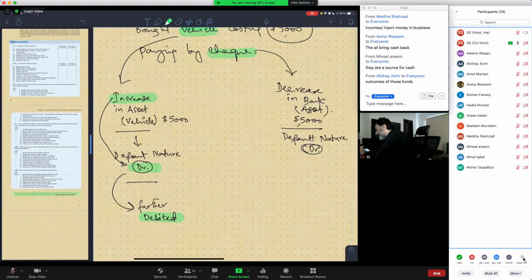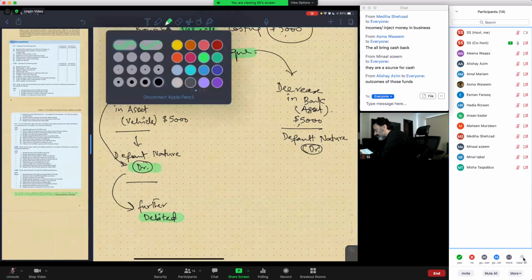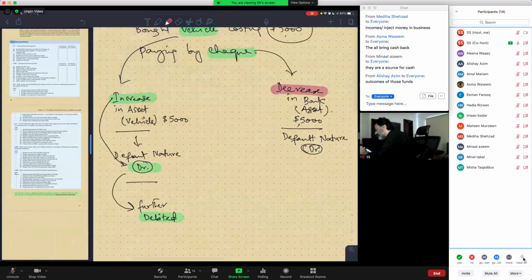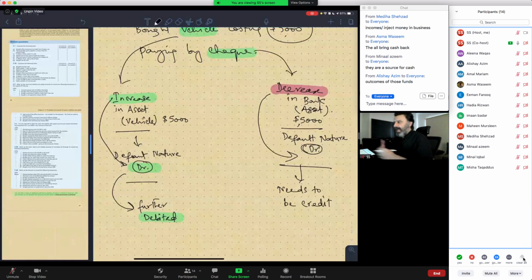But if a debit nature item is decreasing, that means it needs to move in the negative direction. That means we need to apply the opposite effect. So in that case, it needs to be credited. Debit and credit are opposites of each other. So if you want to enhance a debit, you can enhance it by further debiting the same quantity. But if you want to reduce a debit, you can reduce it by applying the opposite function of debit, right?